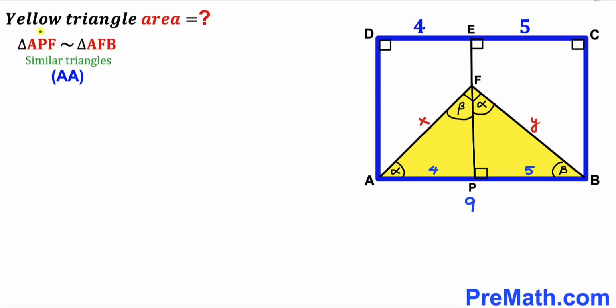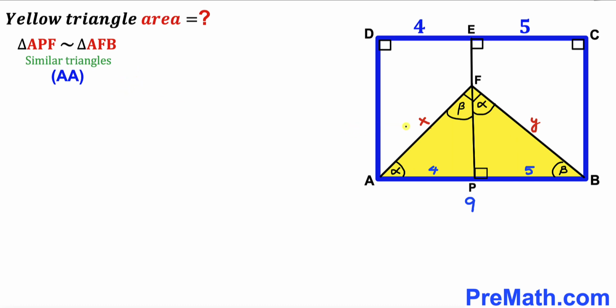So we can see that this triangle APF and this other triangle AFB, this whole big triangle AFB, are similar triangles according to the angle-angle similarity theorem. So we are going to have a proportion.